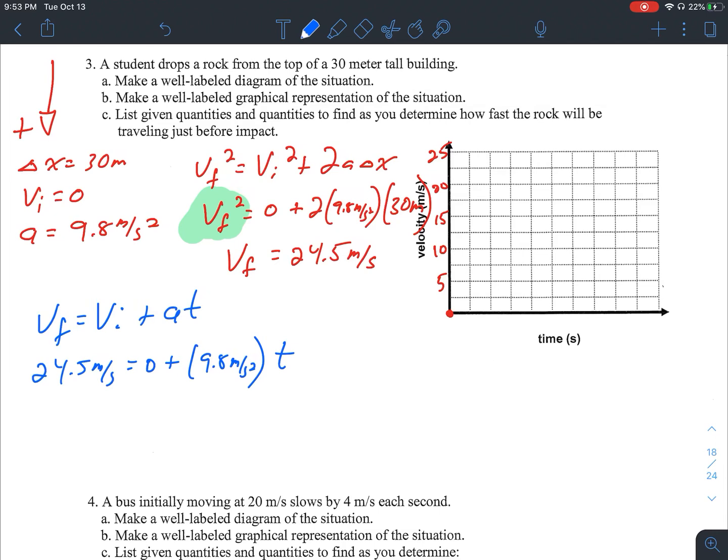And technically, I think as the question is explained, you don't need to find the time, but that just completes the graph a little bit better.